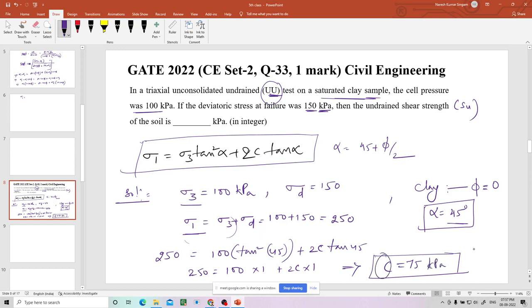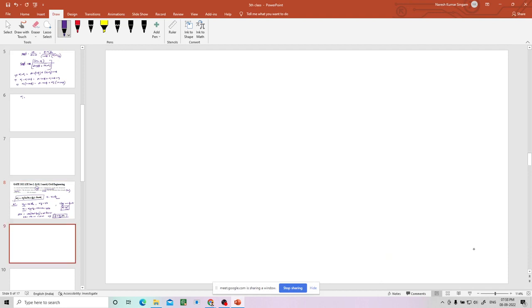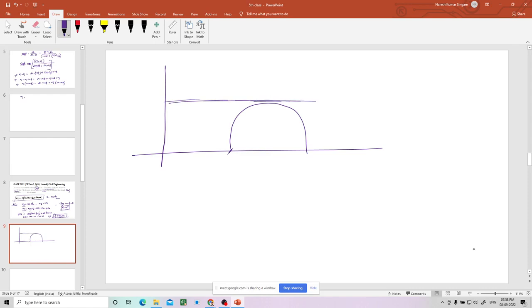Cohesion is 75 and friction angle is 0. Then how will the Mohr circle and the failure envelope be? It will be horizontal because the friction angle is 0. There is no friction angle here, and c itself is 75. What is the underlying shear strength? c plus sigma tan phi. Let us say this is a failure envelope.